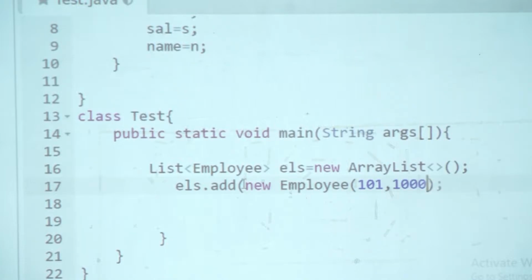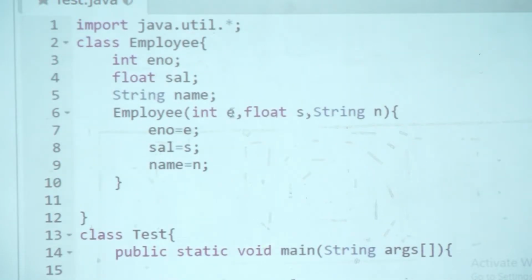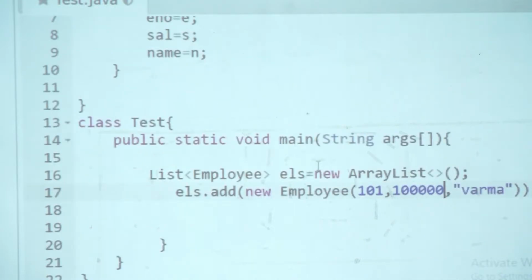They come in that order: number, salary, and name. Yeah, first is correct. Order is correct. First is number, then salary, then name.